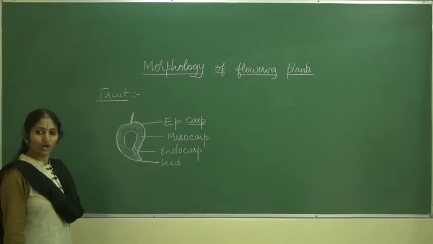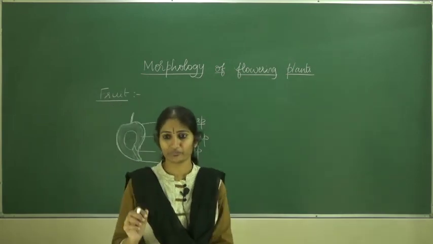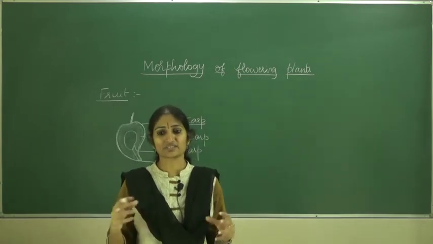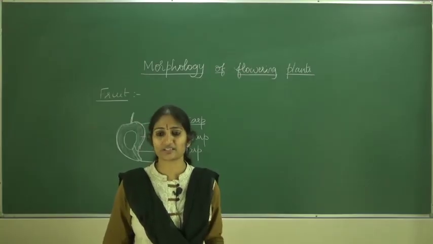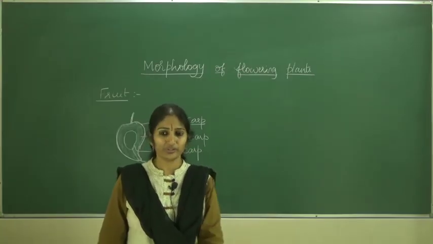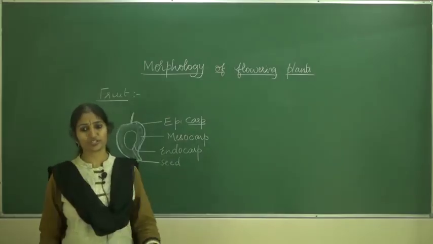Now always epicarp is something that is kind of thick. You can see that it changes its color as and when it starts aging. You call that the epicarp. Then in between, we most of the time see a thick pulpy layer of the mesocarp.